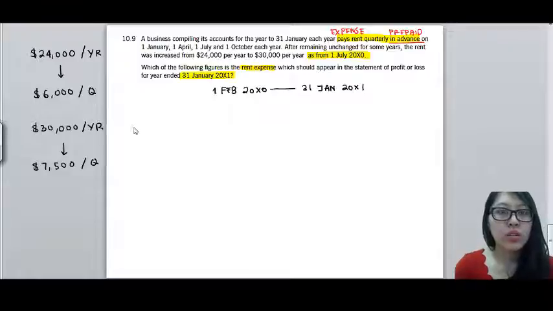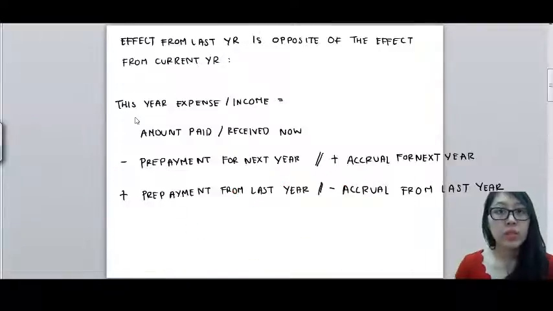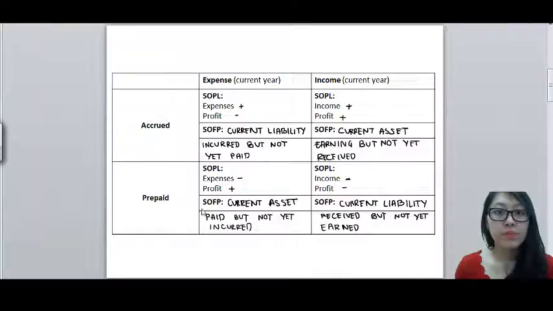Alright, now let's start calculating. We want to find our rent expense, prepaid expense. Let's go back to the previous chart. A prepaid expense would reduce my expenses and therefore increase profit because it was already paid but just not incurred yet, and it's going to be a current asset in our SOFP.